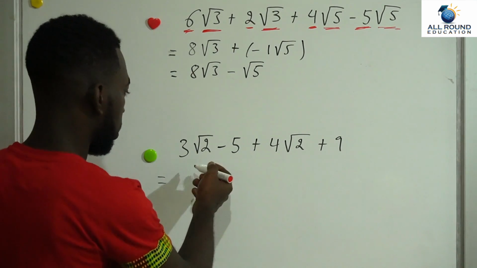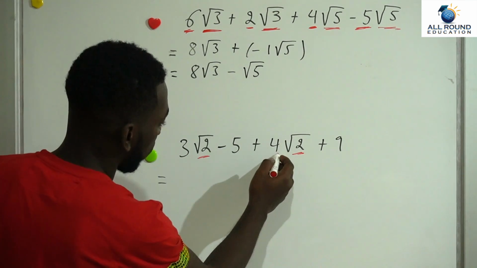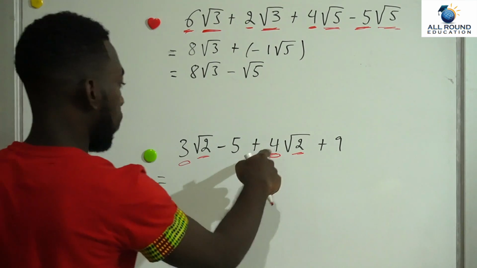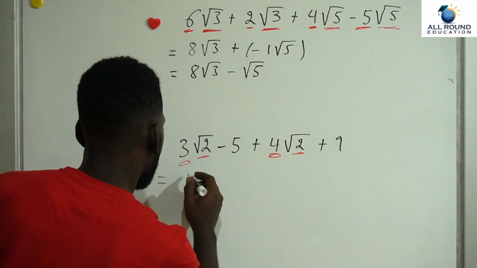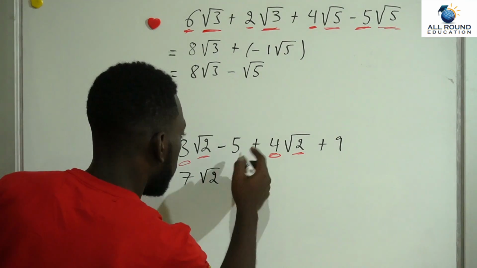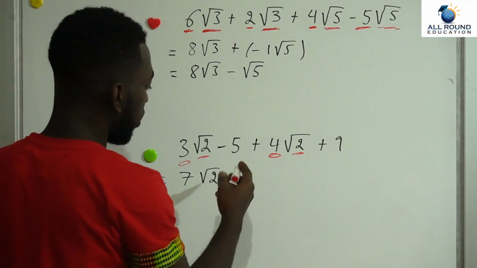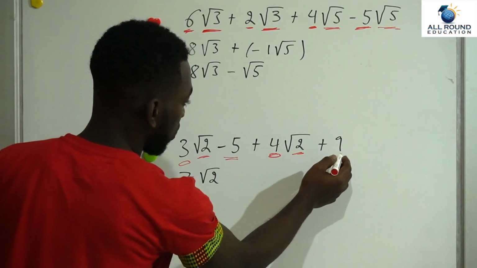Let's start with the surd. We have this and this. They are like surds, so we have to add these numbers. So 3 plus 4 is 7. Then we keep the square root of 2. The next bit is that we have negative 5 plus 9.